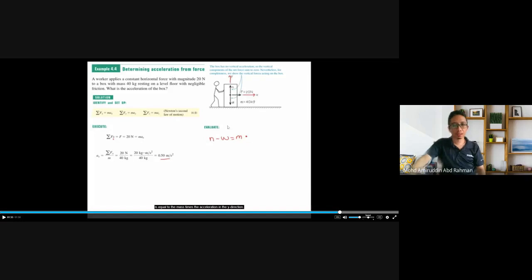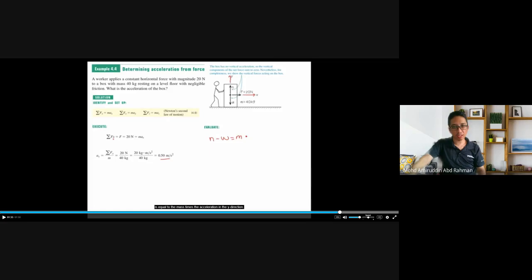And then, do we have any component in the y direction? N, the normal force minus W will be equivalent to the mass times acceleration.